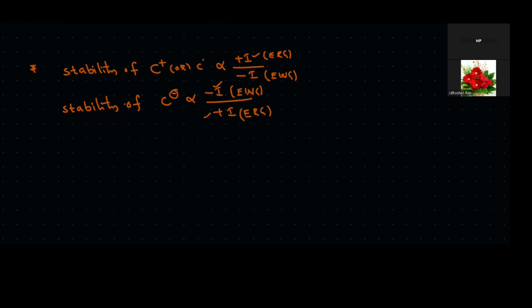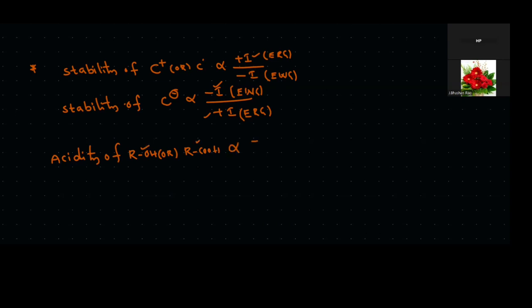Next, the acidity of aliphatic alcohols or carboxylic acids, RCOOH. For alcohols and carboxylic acids, a minus I group increases the acidity.